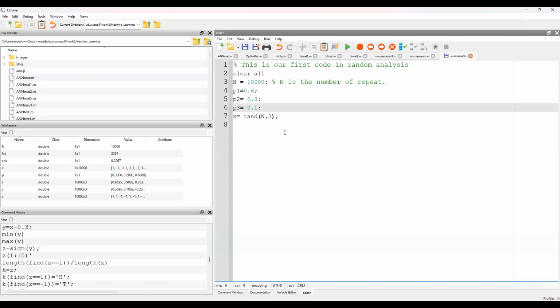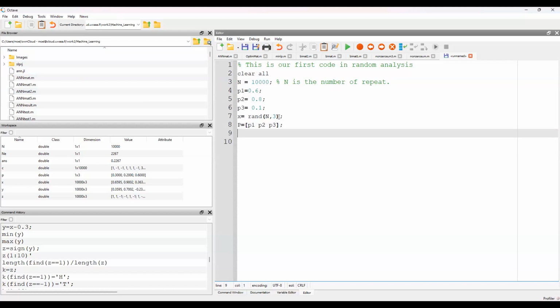Okay, and then I can come here and say that the probability equal to B1, B2, B3. So I define them already. Okay, and then y equal to x minus p, or p minus x, of course.